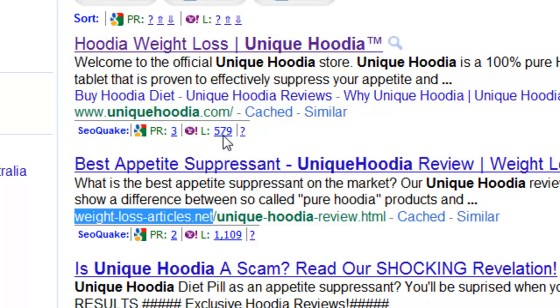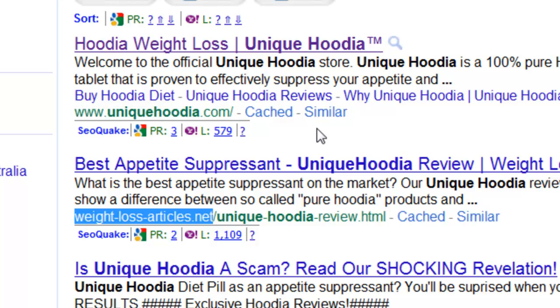So just by looking at the number there, 579, I can't tell if they've got PageRank 9 backlinks, PageRank 1 backlinks, PageRank 4 backlinks, PageRank 0 backlinks. I don't know what mixture they have in that 579. You could analyze every individual website and look at the quality of the backlink and see how many high PageRank backlinks they have. But that's quite a laborious, very tedious task to have to do if you want to really get moving and start going after some websites.